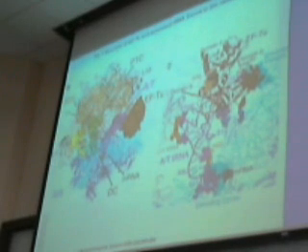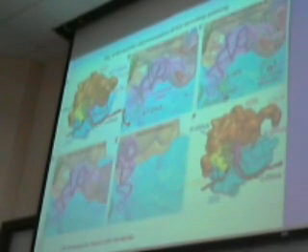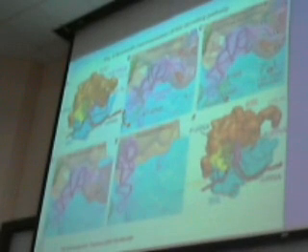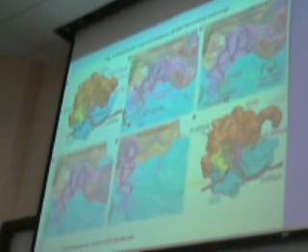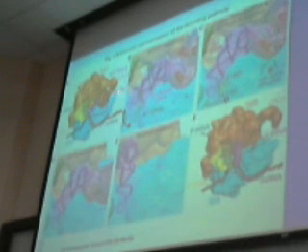So let's take a look at how this occurs. This is their proposal for the steps in the mechanism. We start right here. We bring in, and this is the overall picture here. So we're bringing the transfer RNA with its TU factor into the A site. And you can see here we're sticking that transfer RNA anticodon way down deep where it can recognize the codon down there.